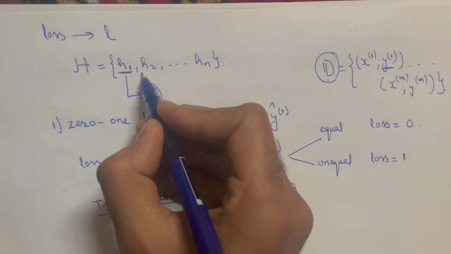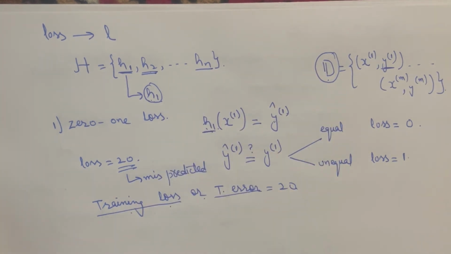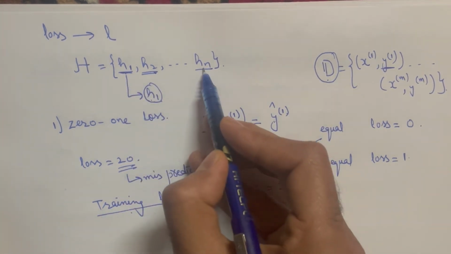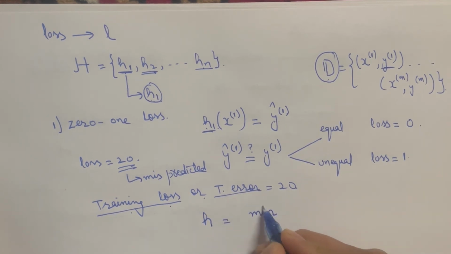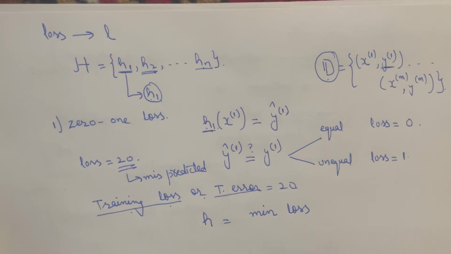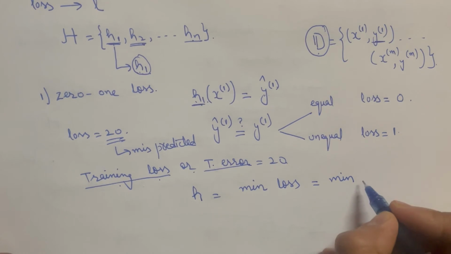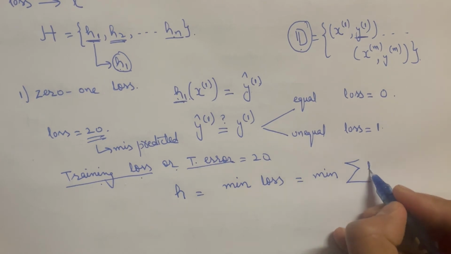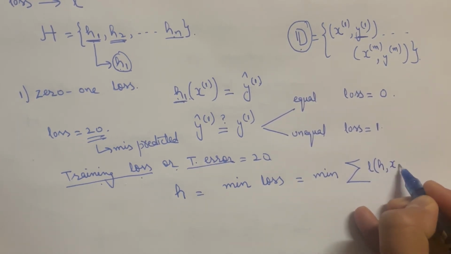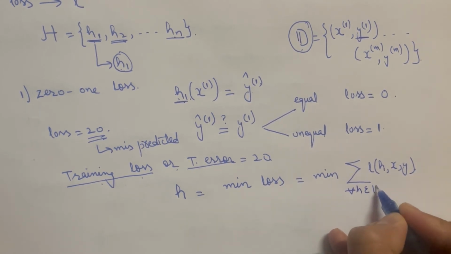Now similarly we will calculate for h2, and we will calculate for hn. By calculating for all the hypothesis functions, finally we will choose that particular hypothesis function that minimizes the loss, that has minimum summation of loss(h, x, y) for all h that belongs to the hypothesis class.